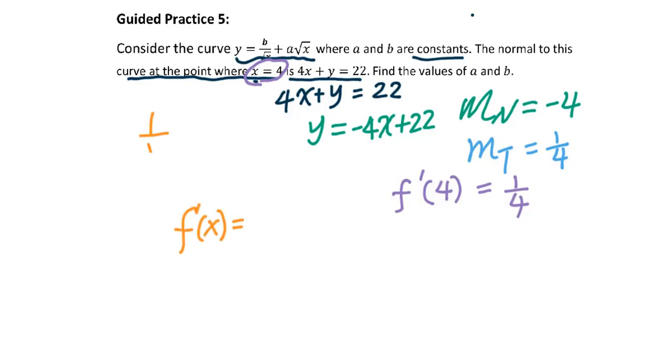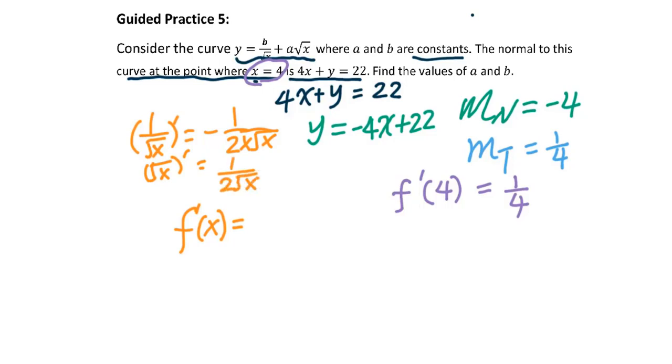Now let's figure out the f prime of x. We know the derivative of 1 over square root of x is negative 1 over 2x square root of x, and the derivative of square root of x is 1 over 2 square root of x.